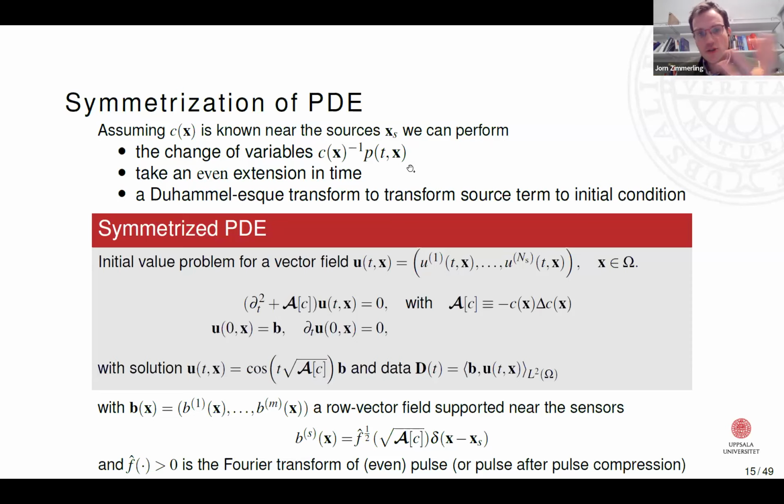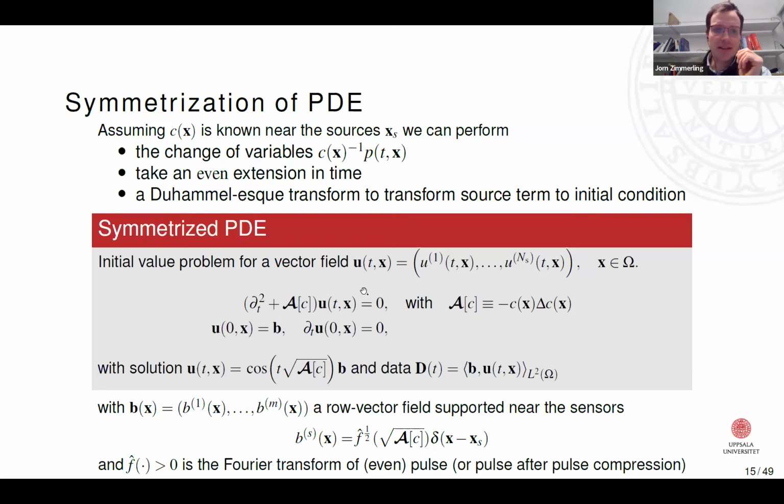So first we do a change of variables. We go from the pressure to the inverse of the wave speed times the pressure. Then we take an even extension in time. So rather than having initial conditions until t is 0, we extend time evenly. And then we do a Duhamel-esque transform to transform our source term from the right-hand side to an initial condition.